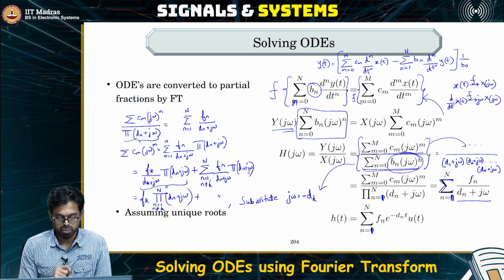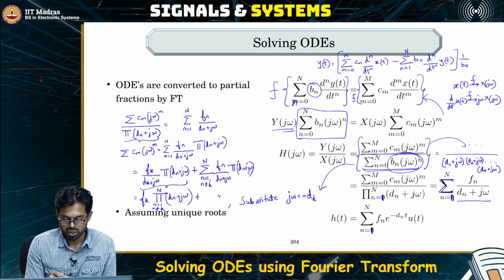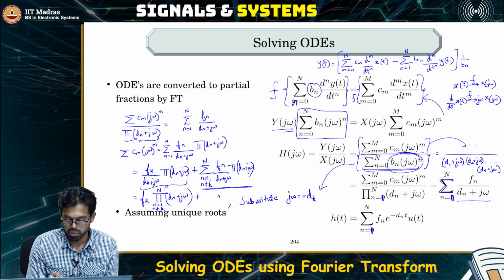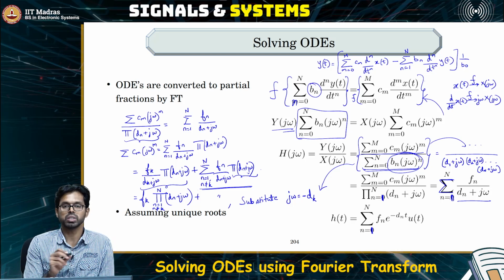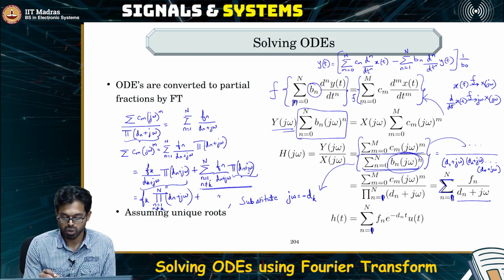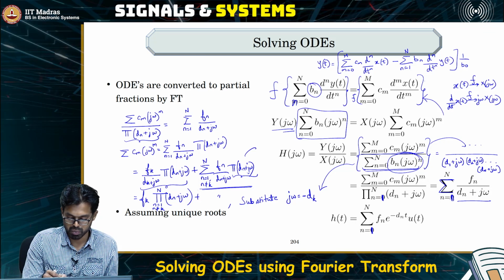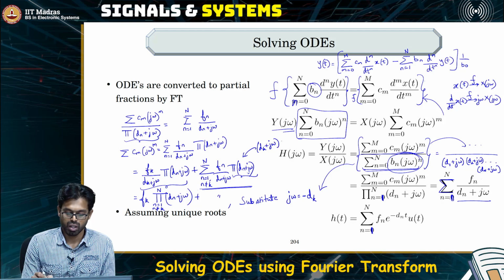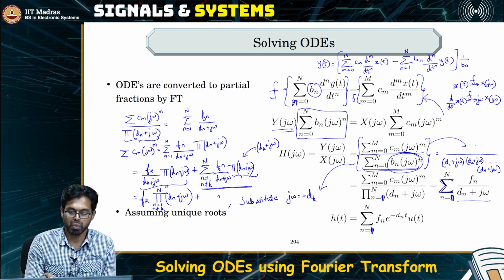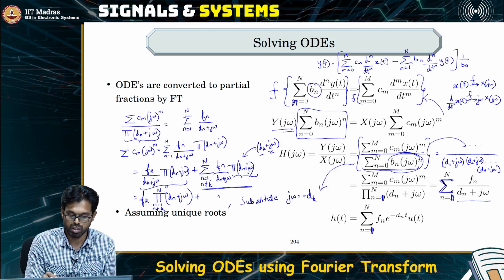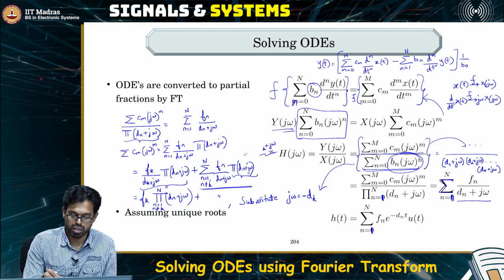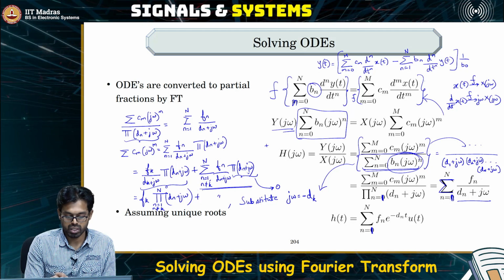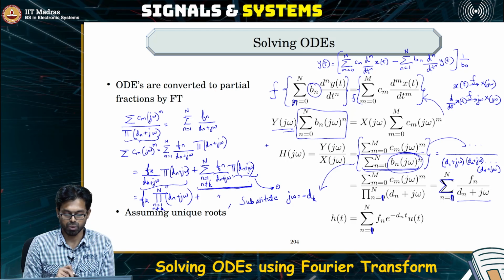If you make this substitution, what happens to the terms here? This product becomes 0, because there exists a term in this product which is dk plus j omega, and you are substituting j omega equal to minus dk, which means this term will go to 0. If that term goes to 0, then this entire summation will go to 0.